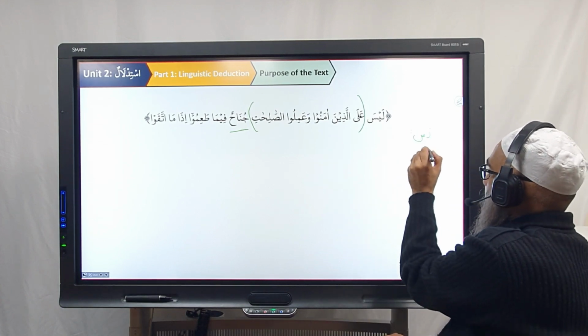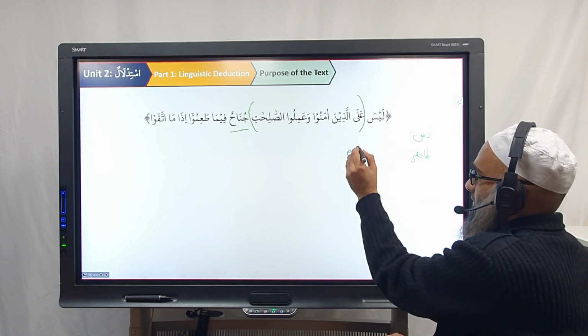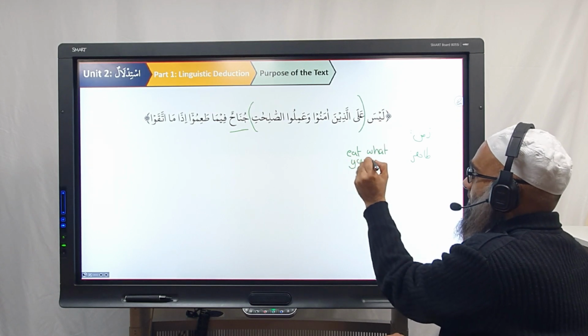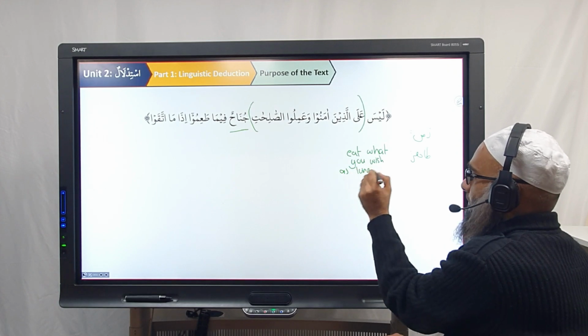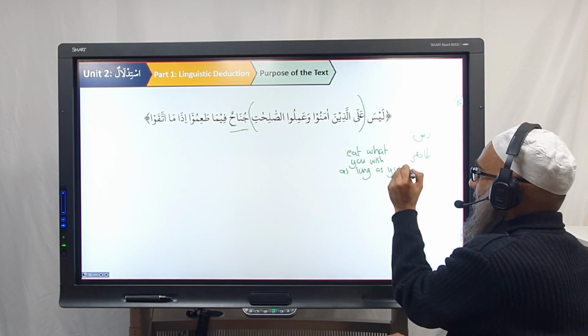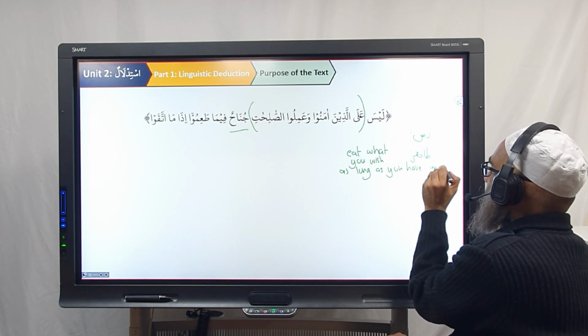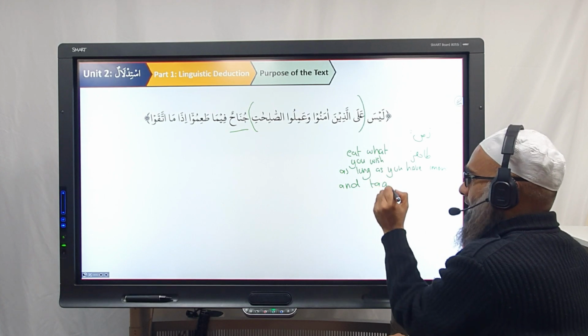And we have the ظاهر. The ظاهر of this text tells us what? Eat what you want. Very, very brief, but eat what you wish, as long as you have iman and taqwa. Yes?